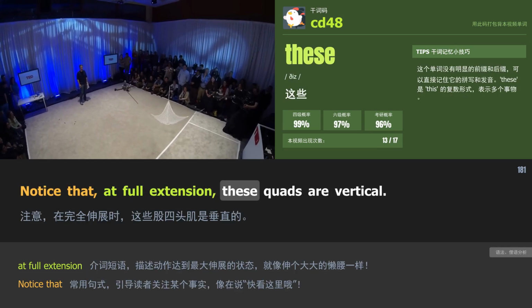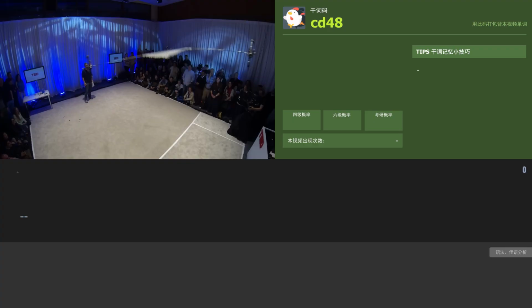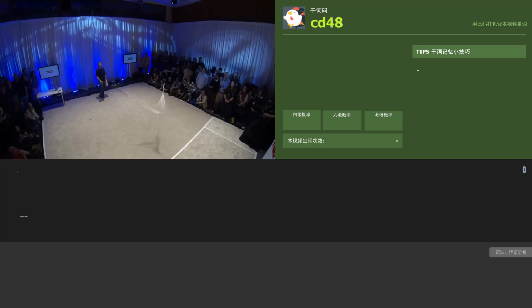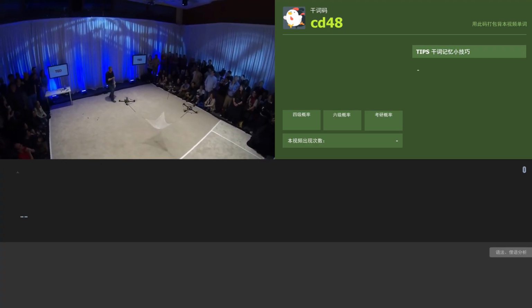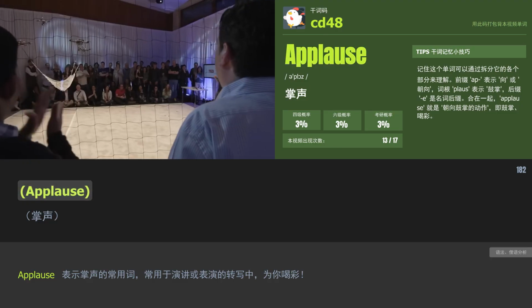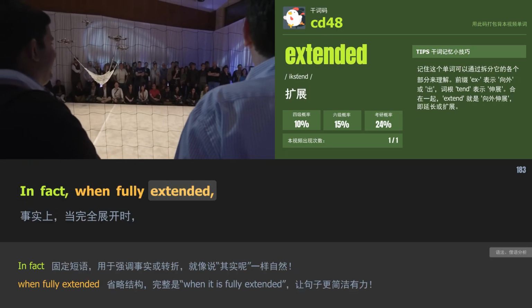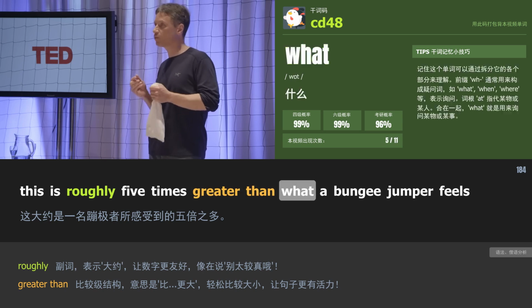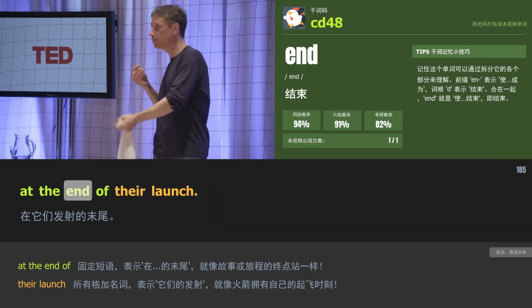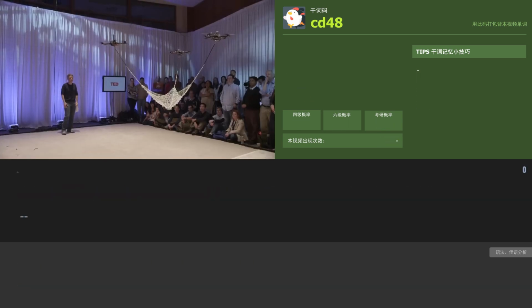Notice that at full extension, these quads are vertical. In fact, when fully extended, this is roughly 5 times greater than what a bungee jumper feels at the end of their launch.